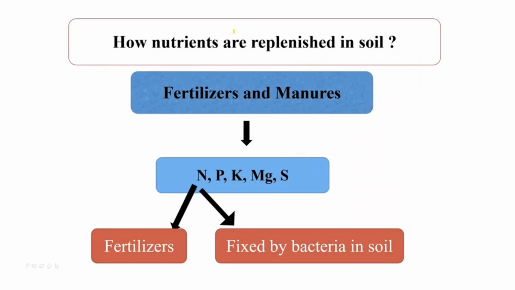Nutrients are replenished by fertilizers and manures that are used for plants' growth. In fertilizers there are many components like nitrogen, phosphorus, potassium, magnesium and sulfur. As you know, nitrogen is very essential for plant growth.